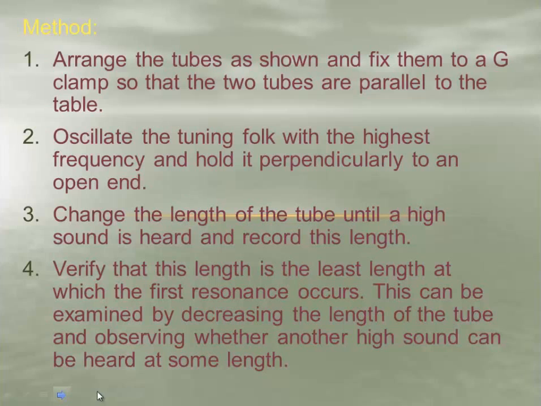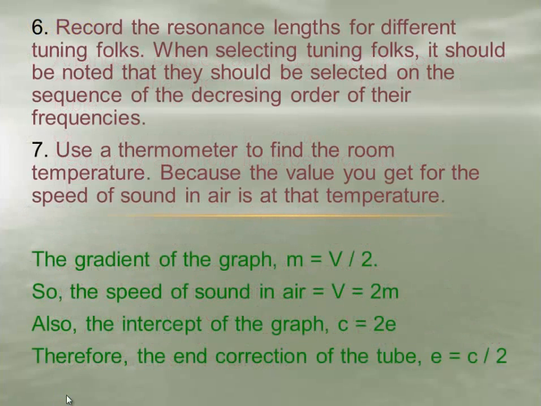It's always better if you make an analogy between the open end and the closed end tube when studying these two experiments. And we repeat the experiment for different tuning forks, and as in the case of the closed tube, you take tuning forks in decreasing order of frequency and you change the lengths so that resonance occurs, and you find the resonance lengths for those individual frequencies.